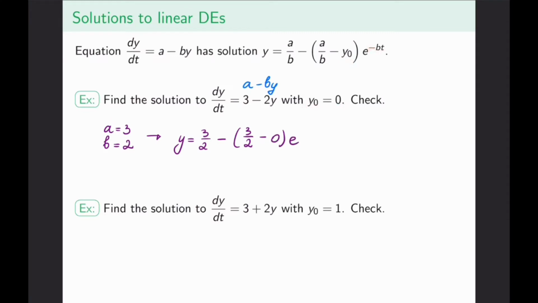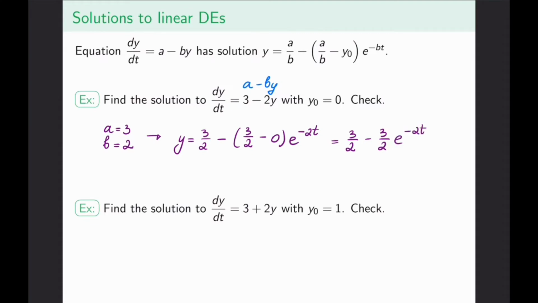Again, keep in mind that b is the value that is directly in front of y, with minus being actually part of the equation. So my b here is 2, so I'm going to have e to the power negative 2t. Now, of course, I can simplify this a little bit by getting rid of this 0. So overall, I have 3 halves minus 3 halves e to the negative 2t.